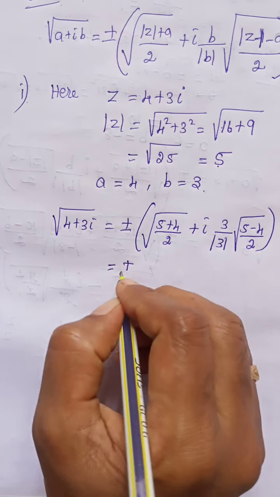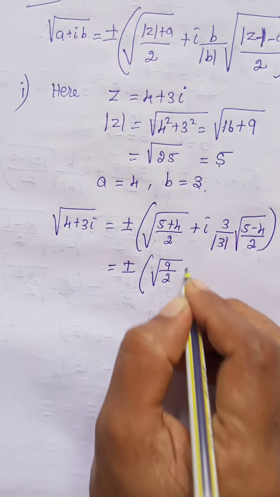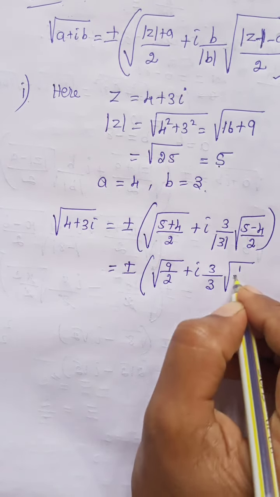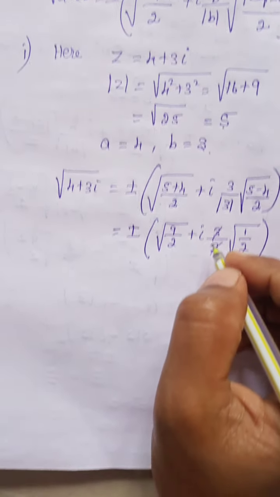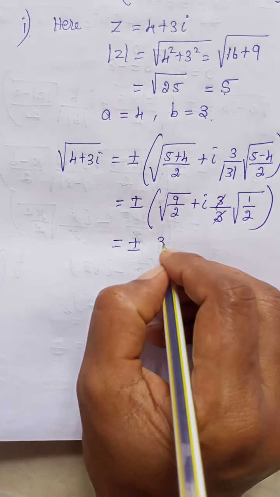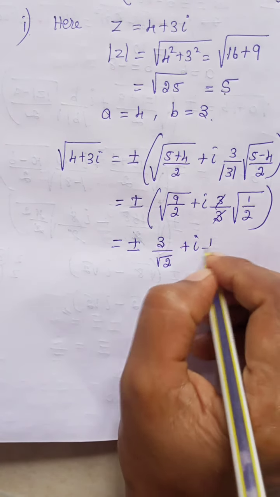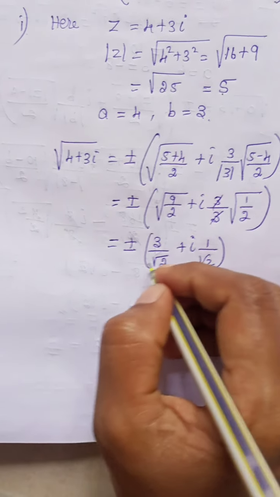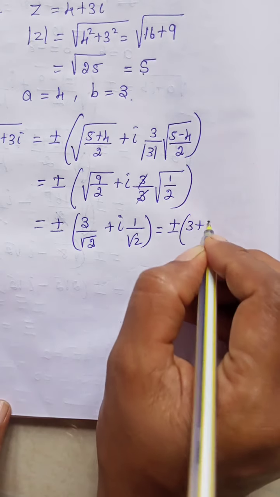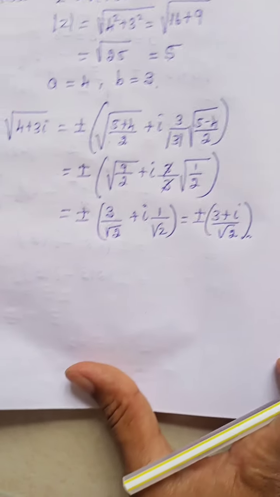This is plus or minus root 9 by 2 plus i into 3 by modulus 3, which is 3, root 1 by 2. 3 and 3 will get cancelled, isn't it? See here, plus or minus, root 9 is 3 and root 2 cannot be taken out. Root 1 is 1, so 1 by root 2. Or even we can write it as plus or minus (3 plus i) the whole divided by root 2, since root 2 is common, I have written like that.